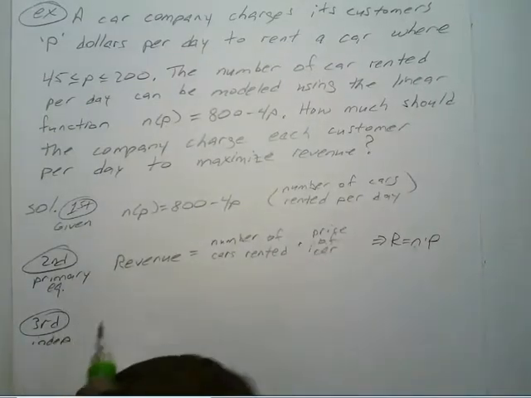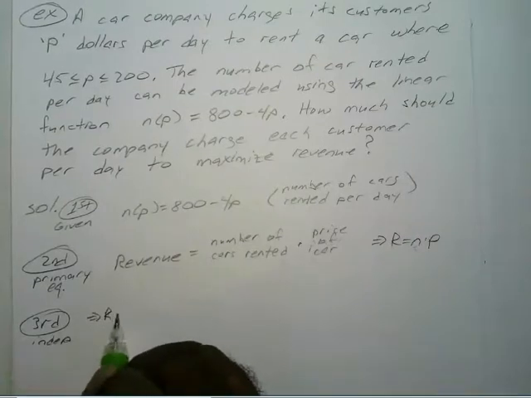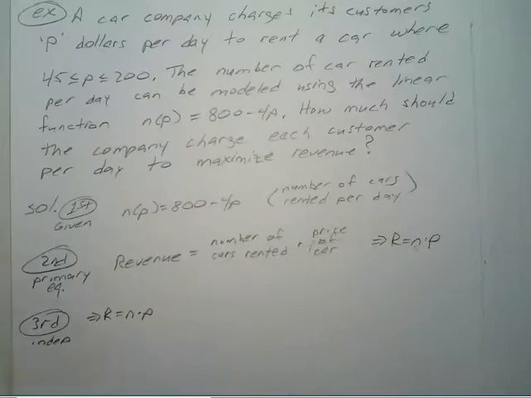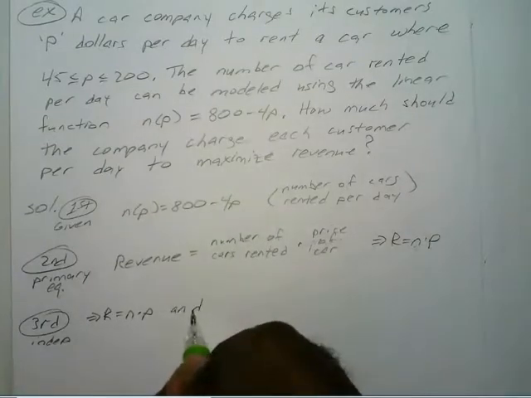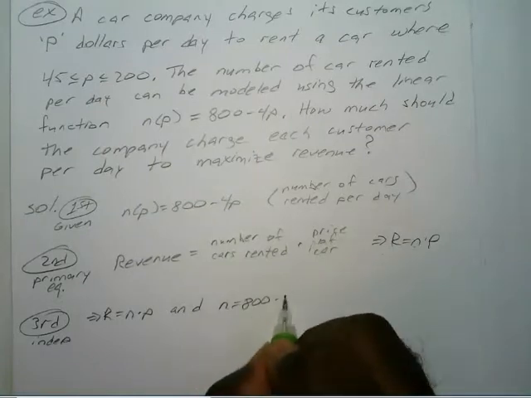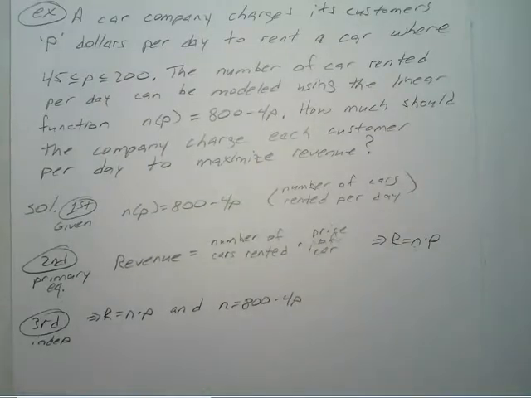Okay, so we know that our revenue is the number of cars times the price. And we also know that N is equal to 800 minus 4P. So we'll replace this in there.